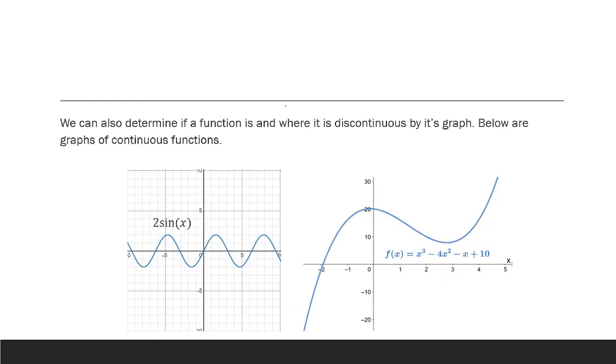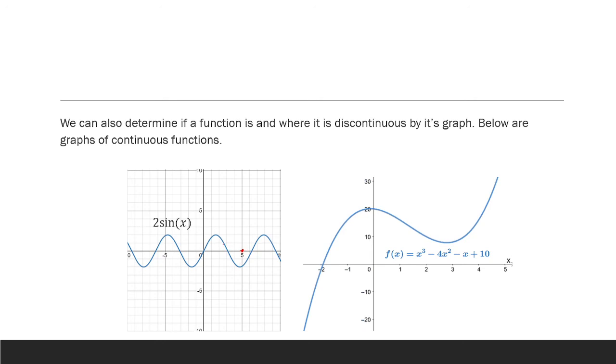So, tulad ng sinabi ko kanina, these functions are continuous. Why? Because kapag tinrace natin siya, hindi ko kailangang iangat yung stylus ko, makukompleto ko yung graph natin. So, for this one, this is the graph of sin x. Kahit magbigay ako ng any point of x in this graph, let's say at x is equal to positive 5, ito yung point na yon.